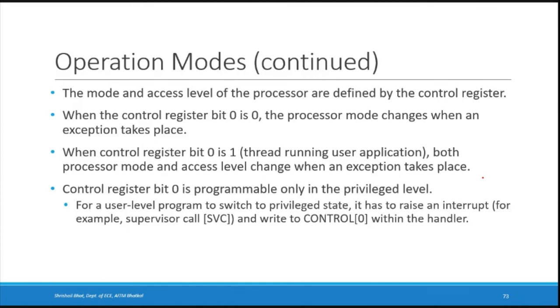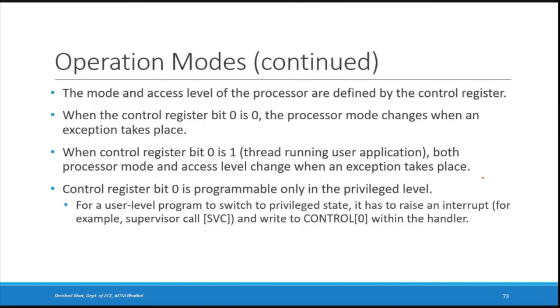When control bit 0 is 0, it is privileged access. So there the processor mode changes when an exception takes place. That means it will be in the thread mode. If an exception happens, the mode will change to handler mode.